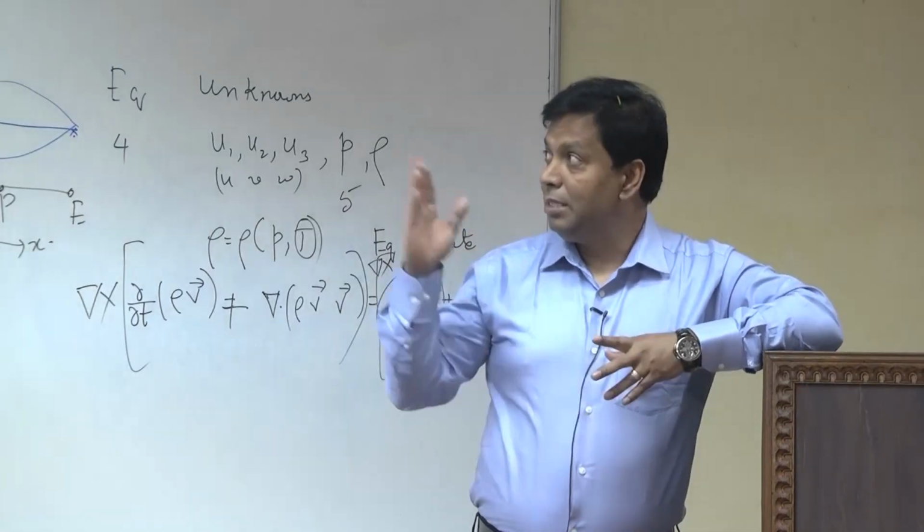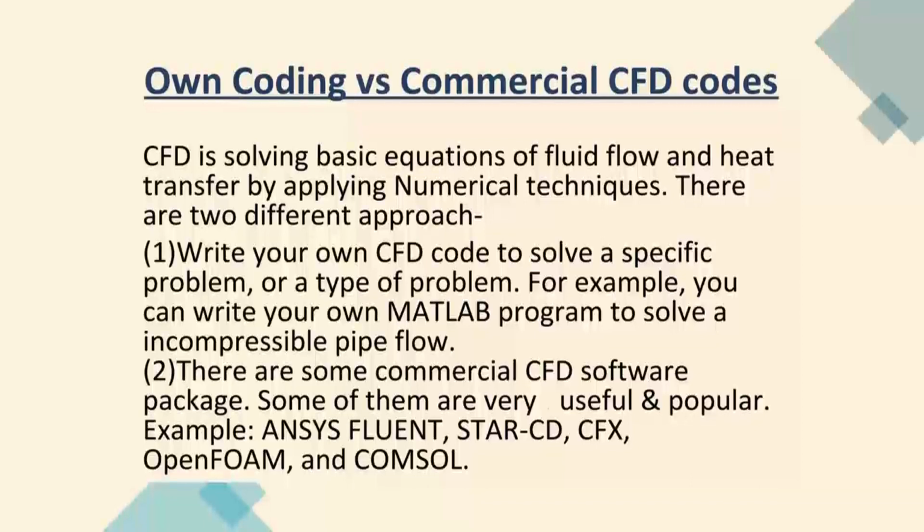And a commercial CFD code is tested by so many people all over the world, which proves that it works well. If it is your own code, maybe you can do some manipulation in your code, who knows.